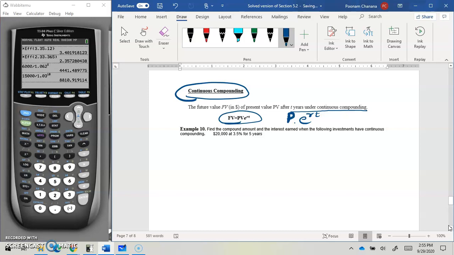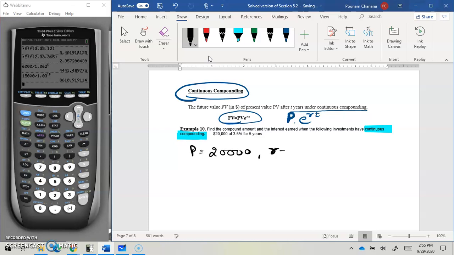Find the compound amount and the interest earned when the following investment was compounded continuously. Please remember, this is a question of continuous compounding. So what does that mean? Principal is given to be 20,000, r is 3.5%, meaning 0.035, and t is 5 years.